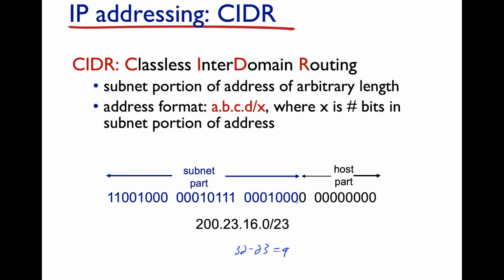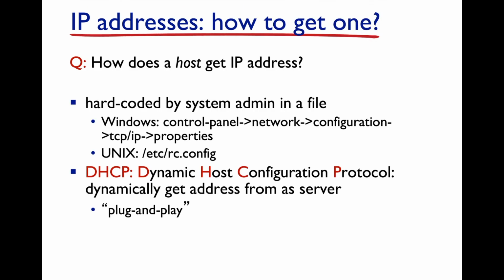So that means the least significant 9 bits are going to be representing your host address. So there's the network address, the subnet part, and there's the host address, the host part, for your CIDRized IP addresses.